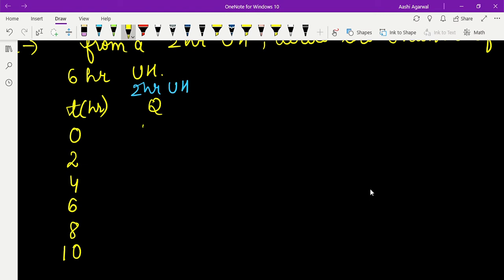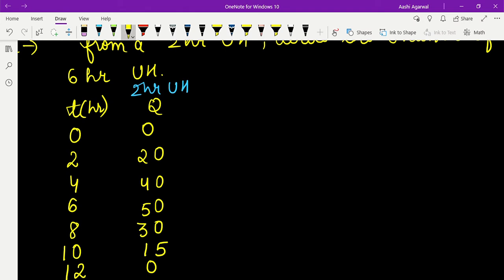Values are, let's say, 0, 20, 40, 50, 30, 15, one more value, 0. Okay, so it's a DRH due to 1 centimeter. So instead of saying DRH due to 1 centimeter of effective rainfall, I'll say UH. And this effective rainfall has occurred in a catchment for 2 hours.